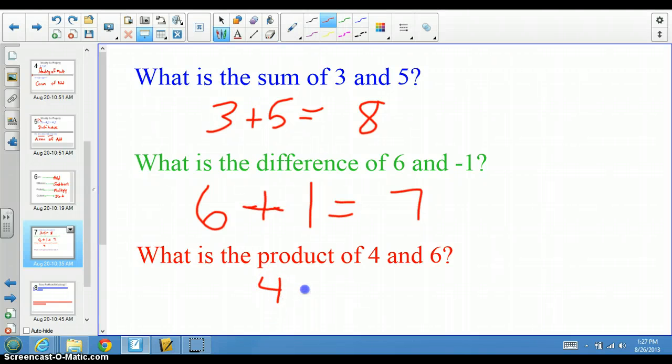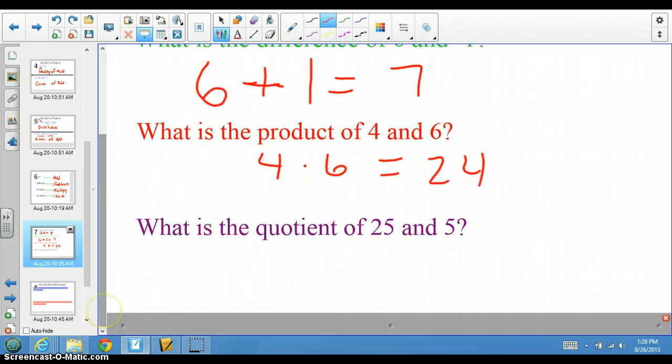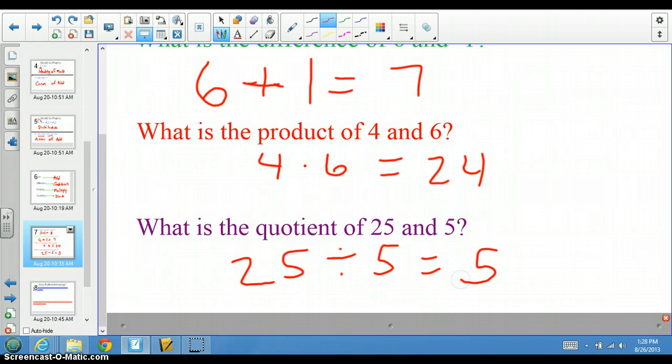So 4 times 6 equals 24. And then what is the quotient? So I'm going to divide 25 divided by 5 equals 5. Should be pretty simple. This is really a basic review.